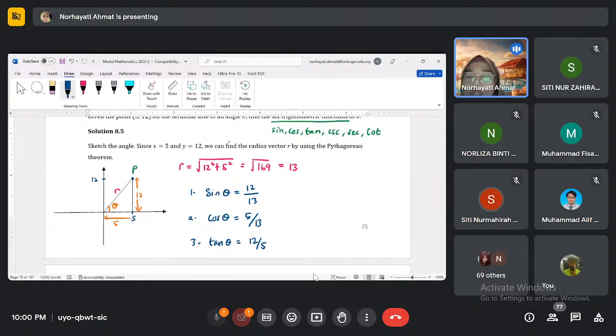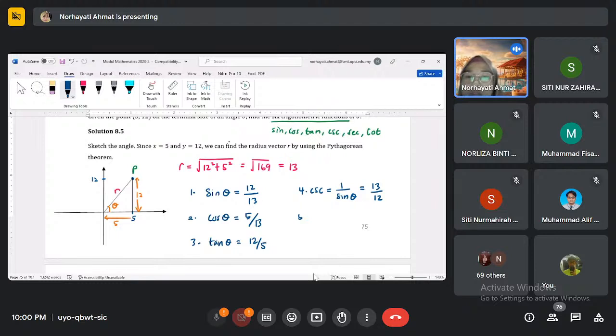Kita boleh buat cosec, sec and cot. So cosec is equal to 1 over sine theta. We already know sine is 12 over 13. Therefore, cosec is 13 over 12. Senang je, kita gunakan yang asas ni: sine, cos and tangent.